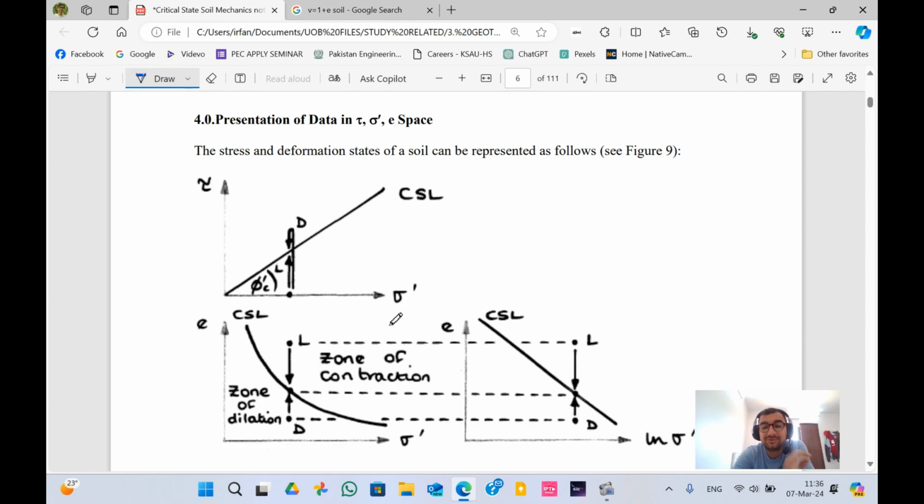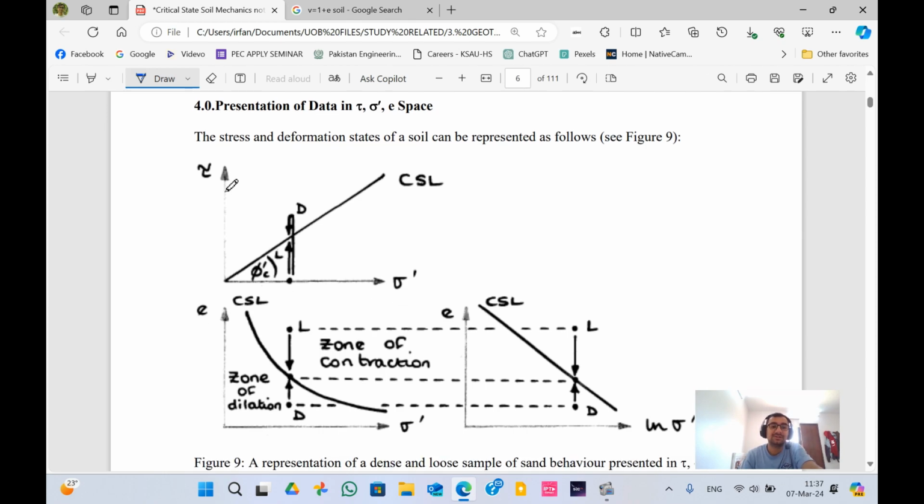You have to know about these graphs, because without them you cannot do any example questions or tutorial questions, since these are the test results from the soil samples. If a statement is given to you to solve the questions, then you have to know about these things. So shear stress, effective stress, and void ratio, there is a way to present these in a graphical format.